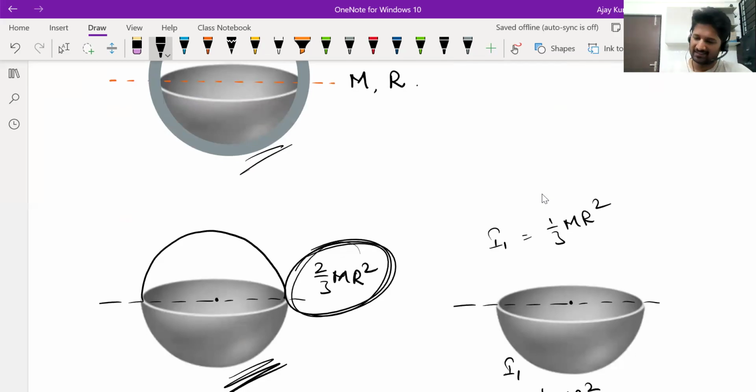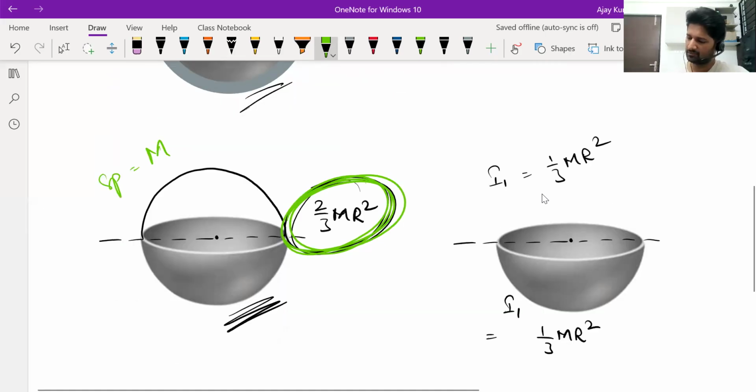The formula 2 by 3 mr square is for a sphere of mass m, not hemisphere of mass m. For a full sphere, if mass is m, then the moment of inertia is 2 by 3 mr square. Then for half sphere, it will become 1 by 3 mr square. What is this half sphere's mass? M by 2 only.